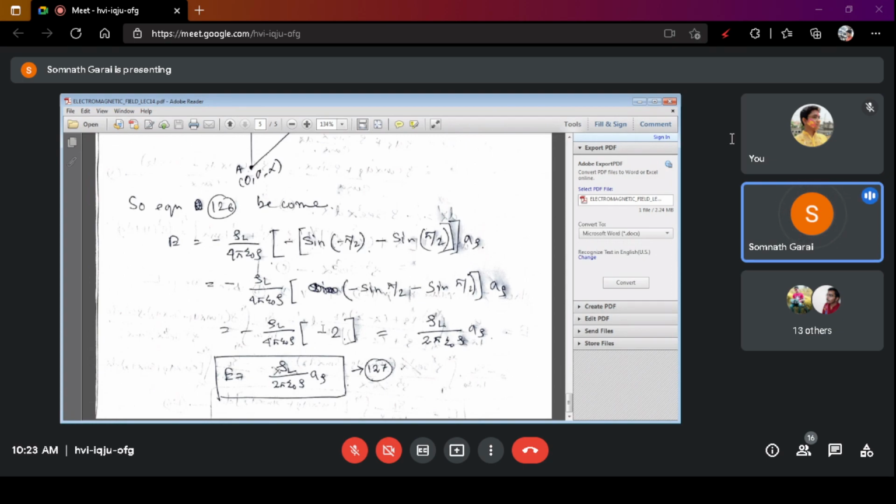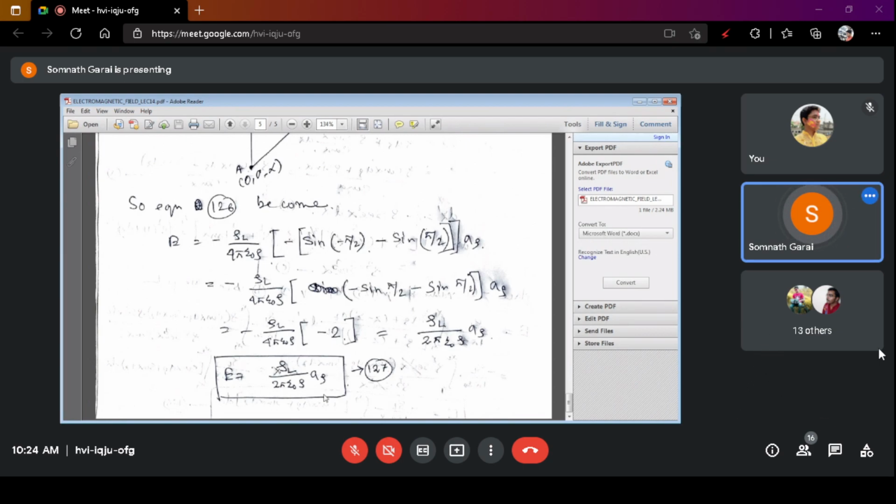Now minus minus cancel out, 4 and 2 cancel out by 2, so the equation will be E is equal to rho L divided by 2 pi epsilon naught rho into a rho.